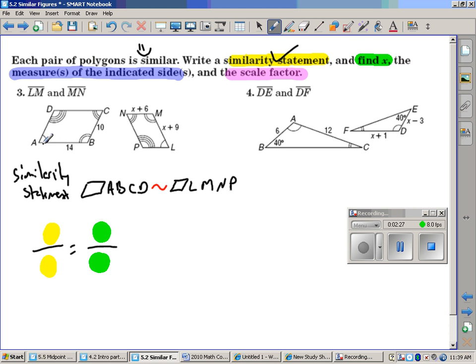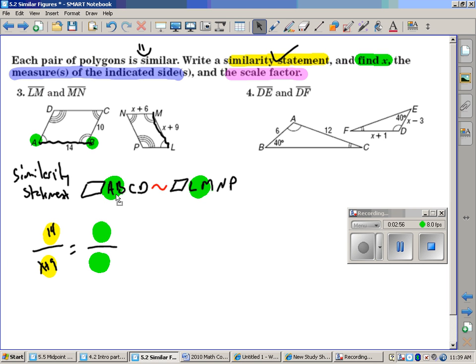I will choose this side, since I have information about it, 14, over its corresponding side, the one that's going from the single tick to the double tick. So I'll choose this side right here, 14 over x plus 9. You'll note that AB appears here, and that's also similar to LM, which is here.